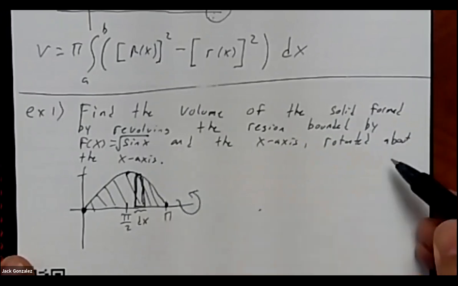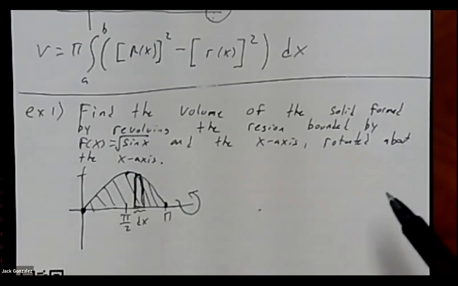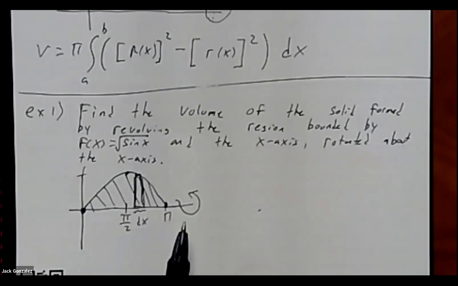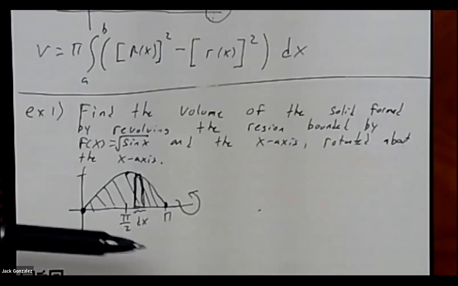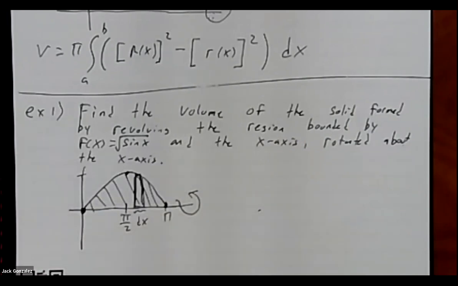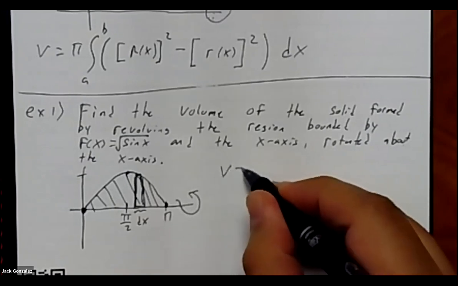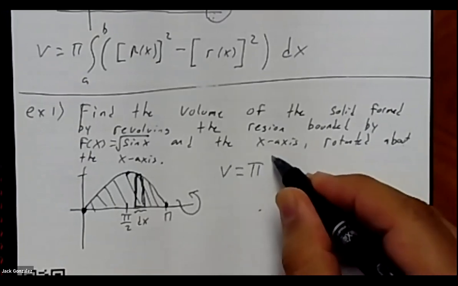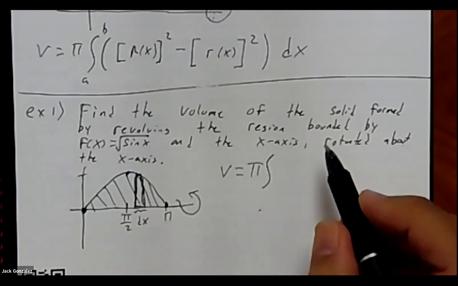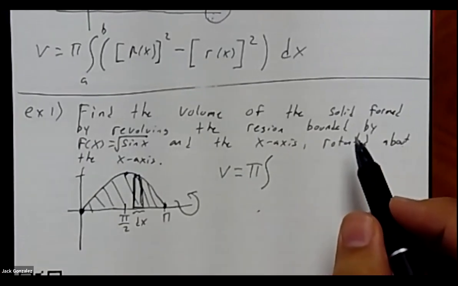They told me they're rotating about the x-axis. But the requirement of the disk method is that the slice is perpendicular to rotation, so they can't be going the same direction. If they're going the same direction, I need to use a different method. But these questions are set up to only do disk right now, so don't worry about that. So the formula says the volume will be pi times the integral of r squared.